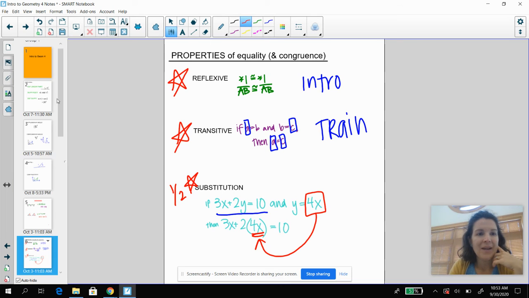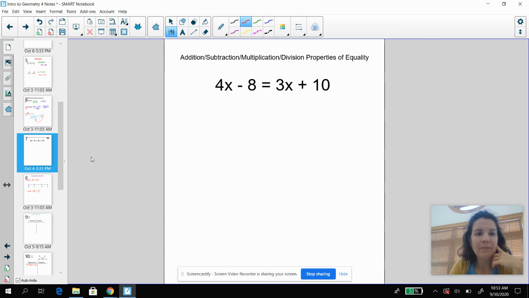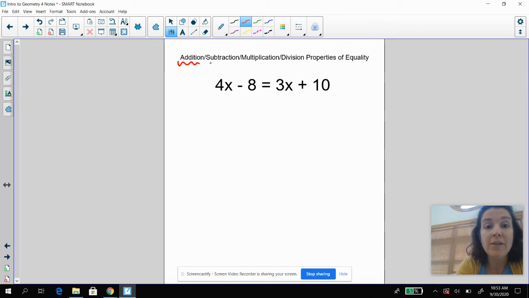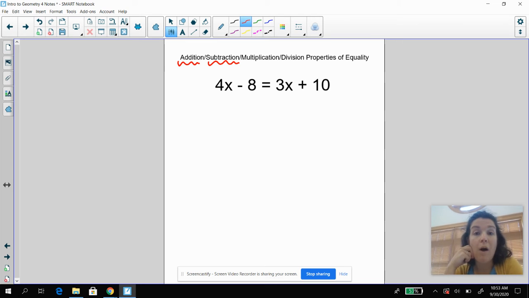All right, moving on. So this is super quick. These are big properties. The addition property and the subtraction property of equality we're going to use a lot. Multiplication and division we'll see on harder proofs, but for right now, addition and subtraction we'll see a lot. So if we were to solve this equation, the first thing I would do is get my x's together.